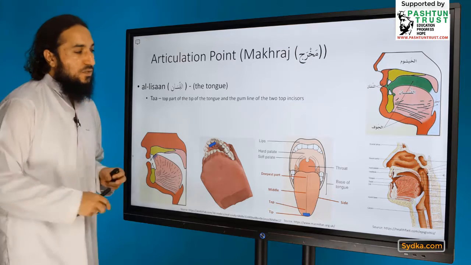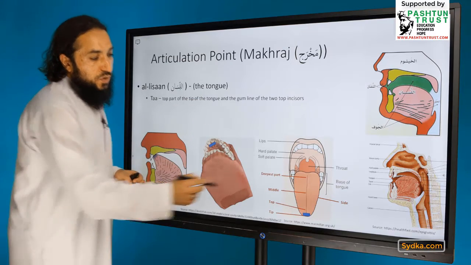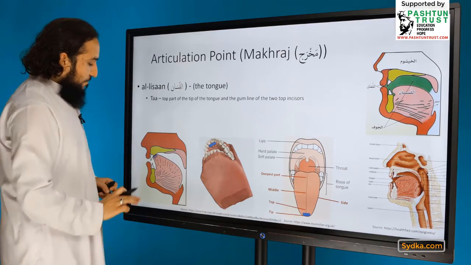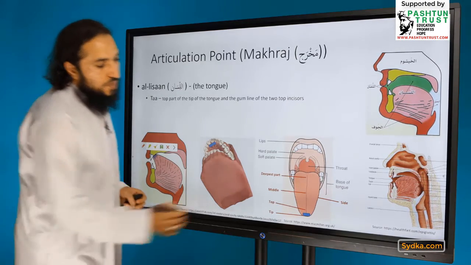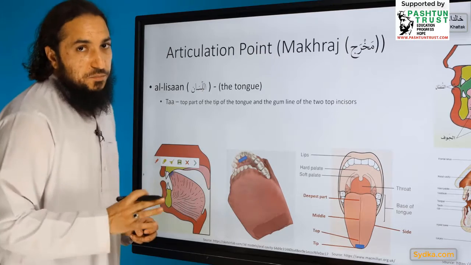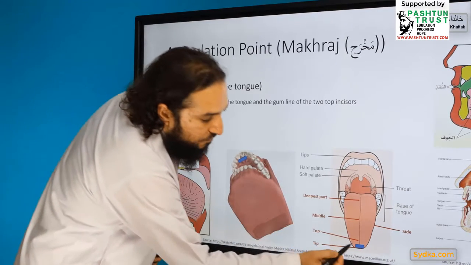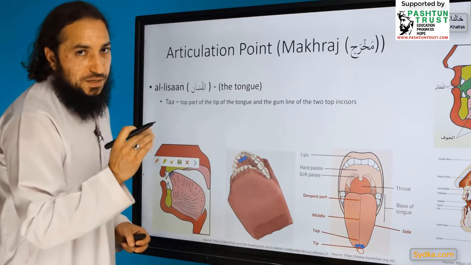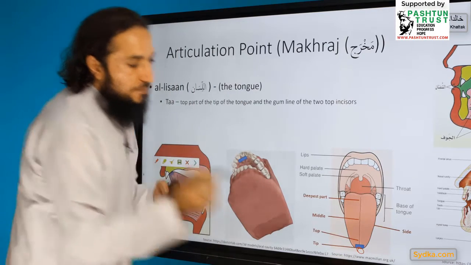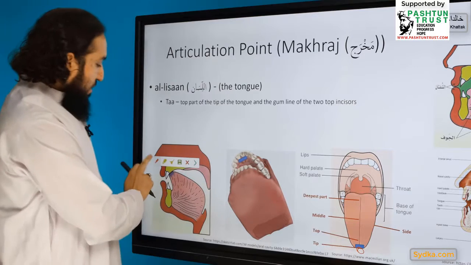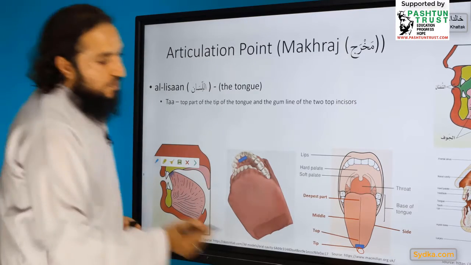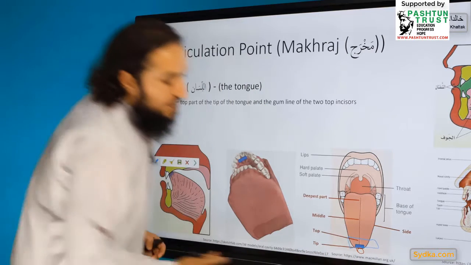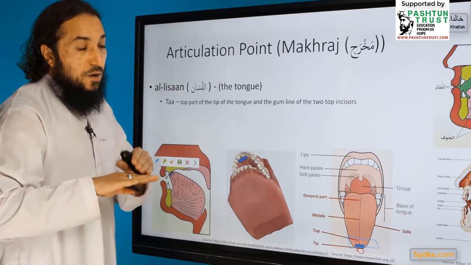So we need to explain that first. Before going to that, we have to explain the tongue itself. Okay, so what we can do, if you see, the tongue can be divided into multiple parts. This is the tip of the tongue. And this part is the top of the tongue.